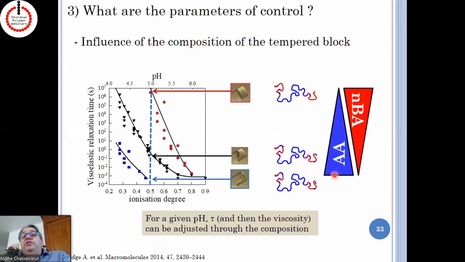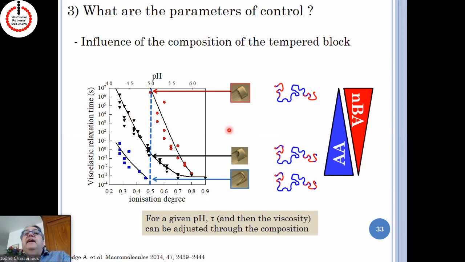And one way to achieve this is to play with the amount of acrylic acid that you add to your hydrophobic block. So if you have a tiny amount of acrylic acid, or if you have a big amount of acrylic acid, you can see that if I plot the relaxation time that I measure with rheology as a function of the ionization degree, you always have the same tendency, but the transition between a strong gel and a liquid occurs at different values of pH, which is very, very important.